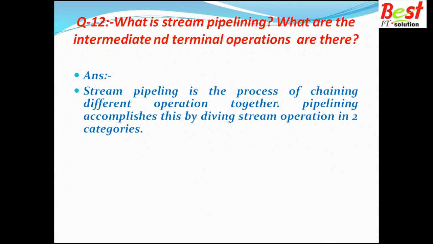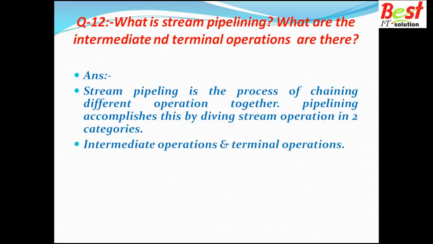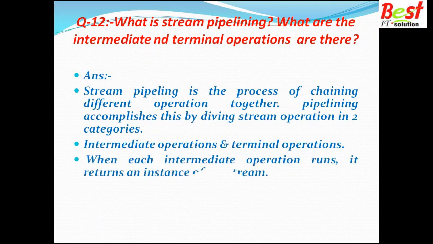Pipelining accomplishes this by dividing stream operations into two categories: intermediate operations and terminal operations. Intermediate operations are chained to each other, and finally the terminal operation gets the output. Any number of intermediate operations can be used, but only one terminal operation.